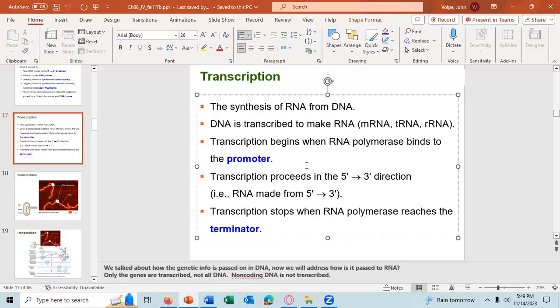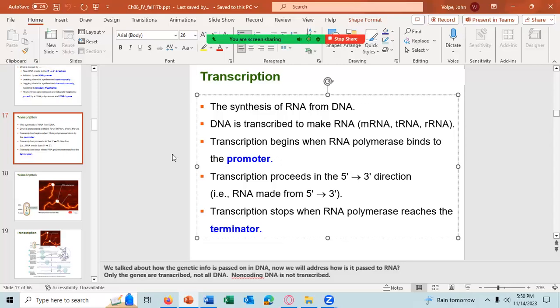I'm not going to say to this one, it should be obvious because I've already stated it. So you guys should think about that because you'll probably get a question on that, either the quiz or the final. And that is, what part of DNA is transcribed? Transcription begins when RNA polymerase binds to the promoter.